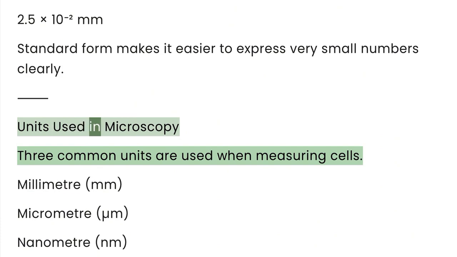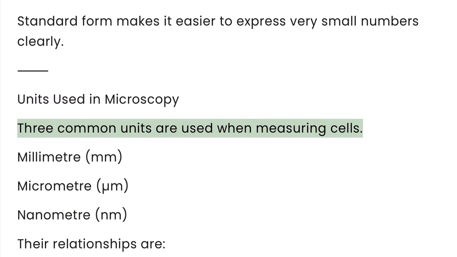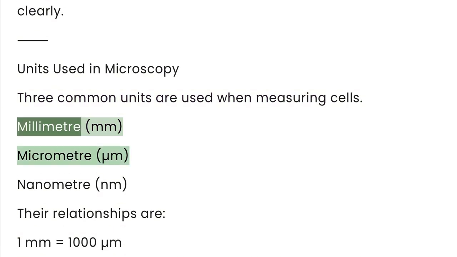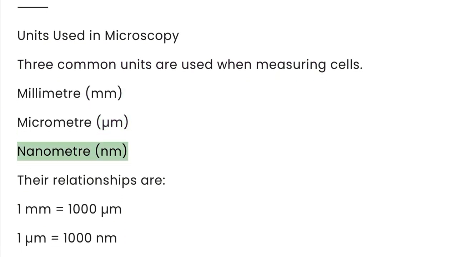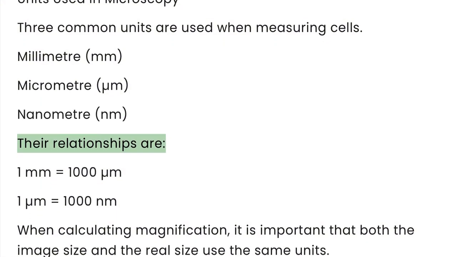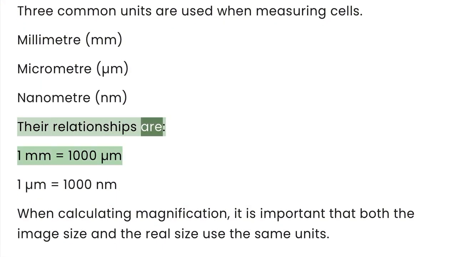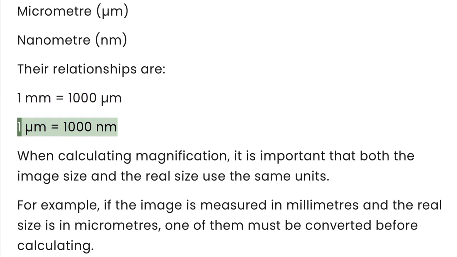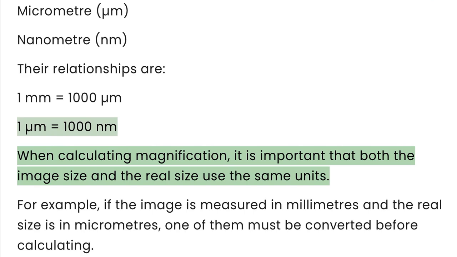Units used in microscopy. Three common units are used when measuring cells: millimetre, micrometre, nanometre. Their relationships are 1 millimetre equals 1,000 micrometres. 1 micrometre equals 1,000 nm.